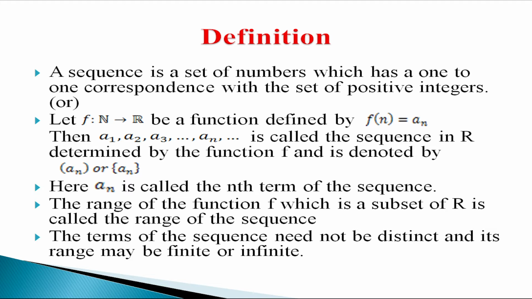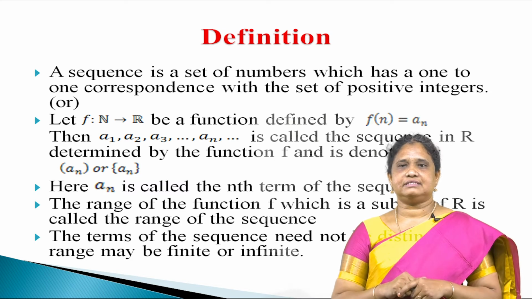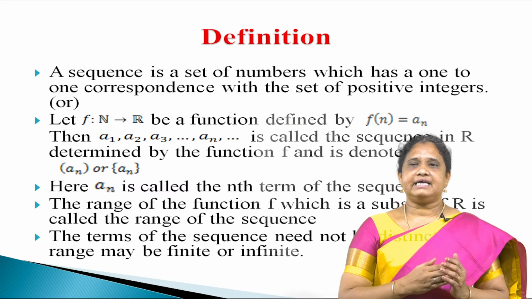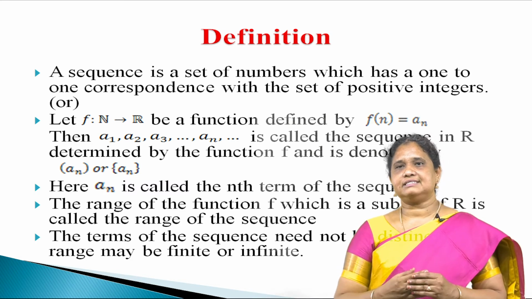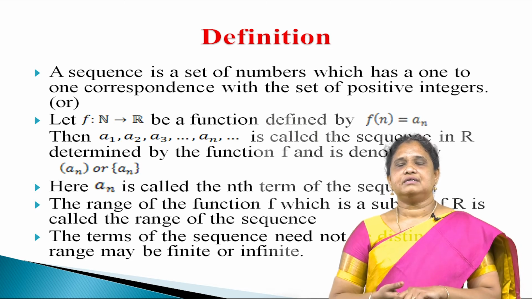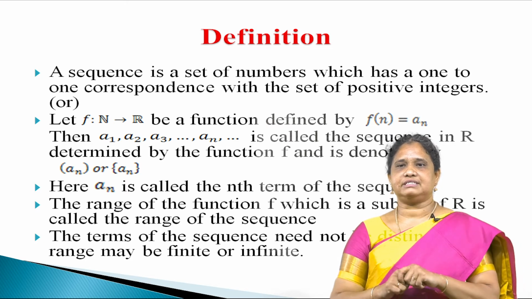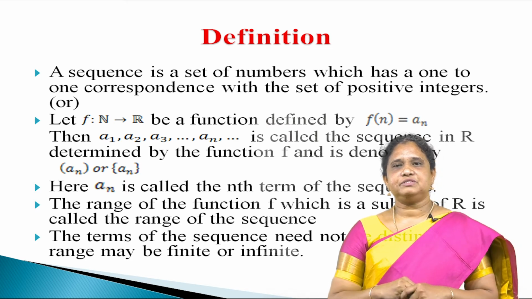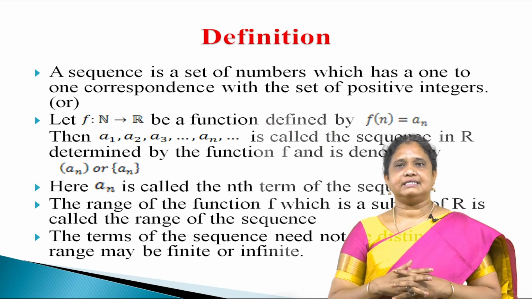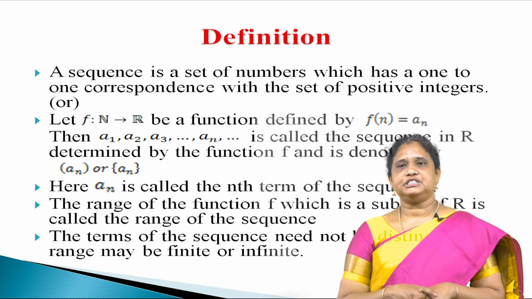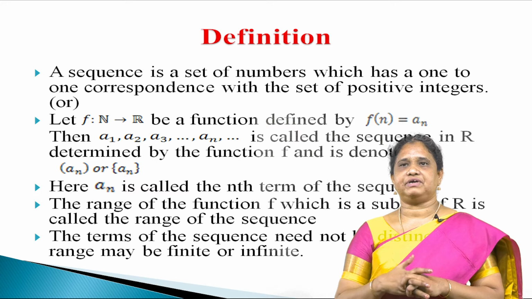Here, an is called the nth term of the sequence. The range of the function f is a subset of R, which is called the range of the sequence. The terms of the sequence need not be distinct, and the range may be finite or infinite.